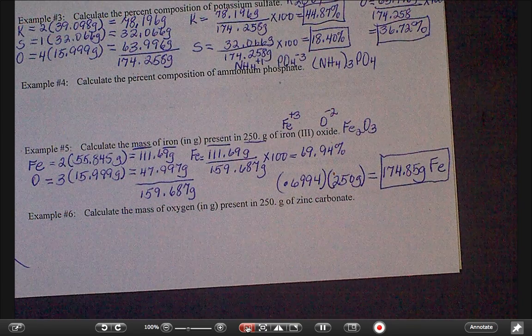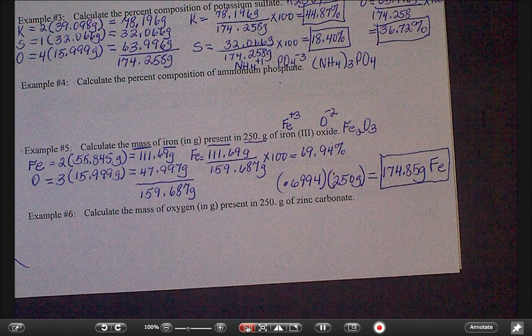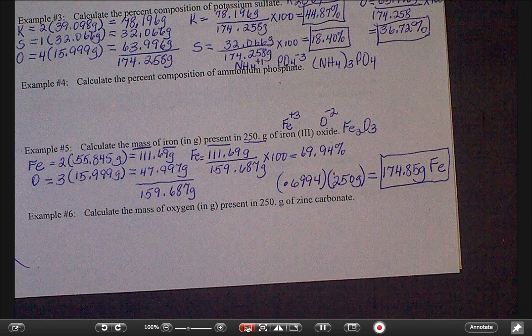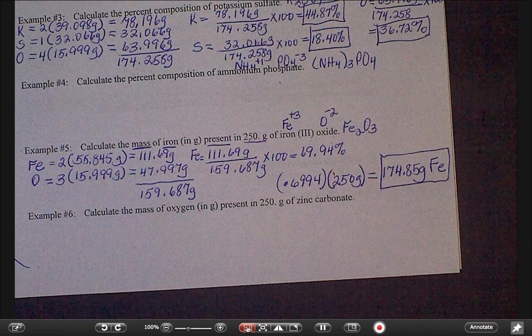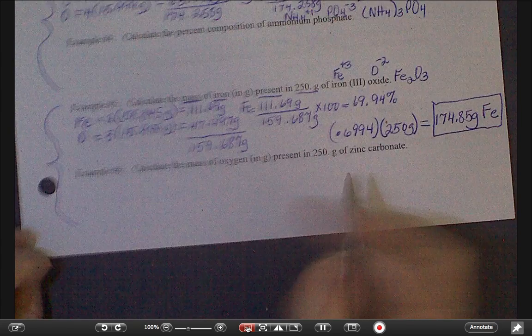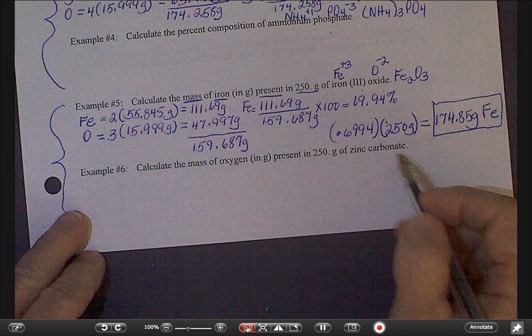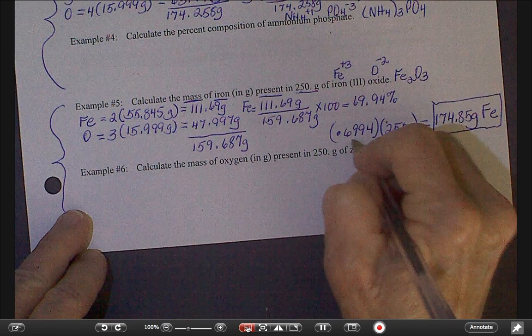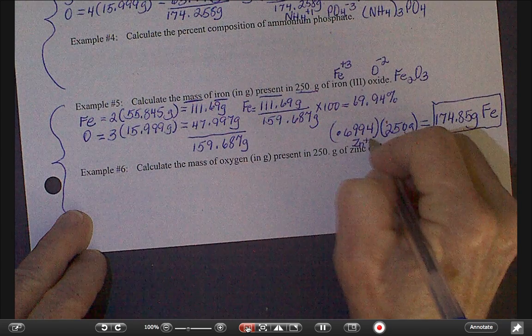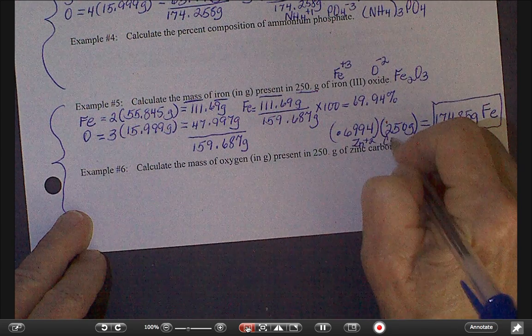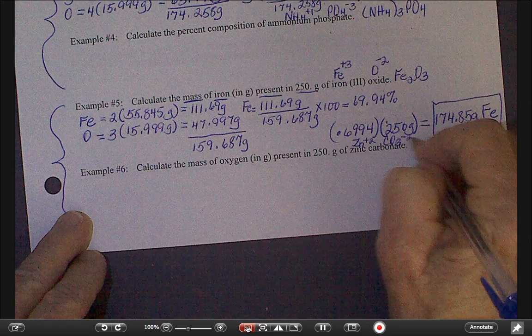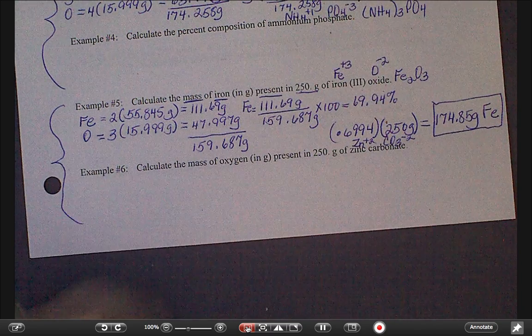Okay? So let's do number 6. It's also like number 5. All right? So the first thing we have to do is write the formula. Zinc is Zn, charge is +2, carbonate is CO3, -2. 1-to-1 ratio, so what's my formula?